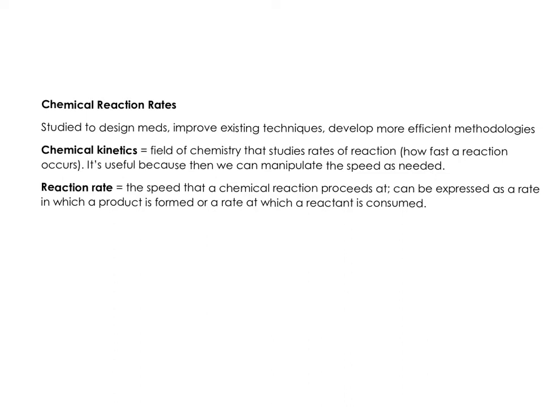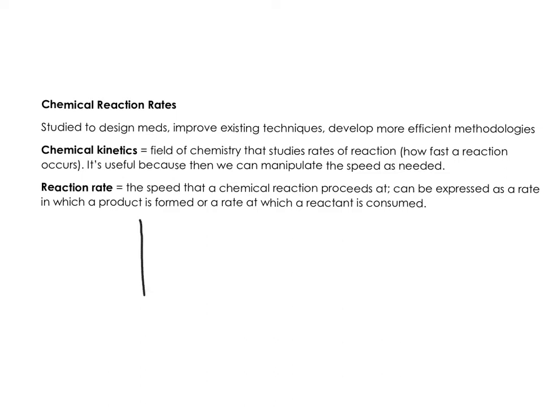So the reaction rate is the speed at which a chemical reaction proceeds. It can be expressed as the rate at which a product is formed, or the rate at which a reactant is consumed. Often the data is recorded by a machine that records data points, and perhaps even graphed.